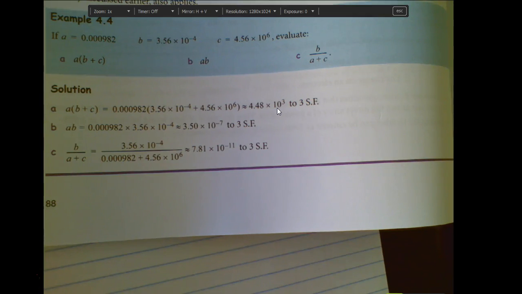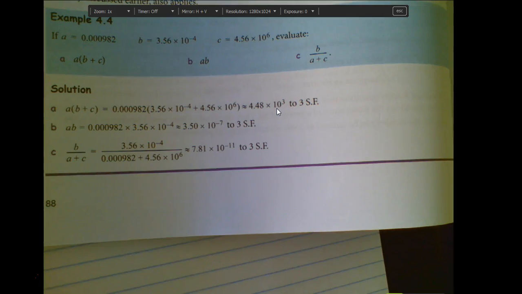But if you ever want help with that, I'd be happy to go through it with you. Just come see me and I'll show you how to do your calculator in scientific notation. It's just under the mode button. You can also look at some YouTube videos for things like this. That's how I learned everything on my calculator. So if you're ever interested in making your calculator give you answers in scientific notation, just let me know and I'll go through it with you.